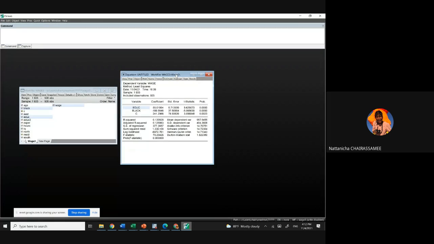Okay, I think this one is easy for all of you, right? We always do it. For education, you will see that the coefficient is approximately 55. So the way you interpret it is that if education increases by 1 year, the wage of an individual will increase by $55, right?